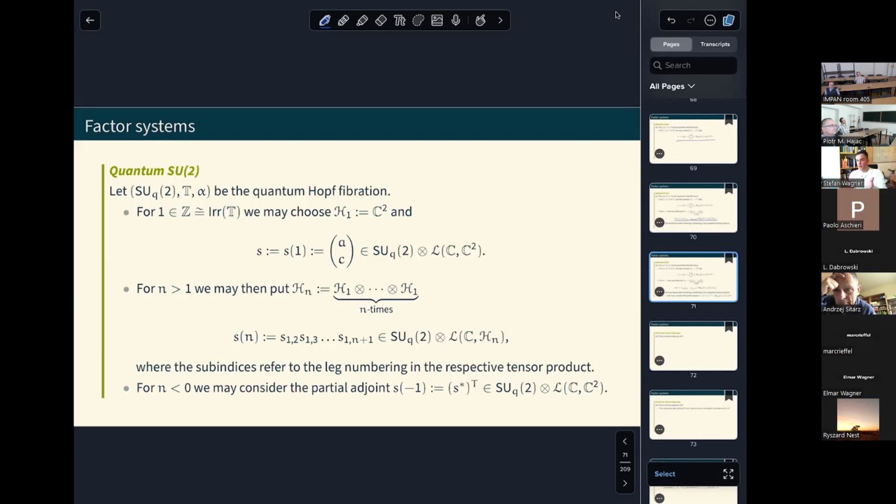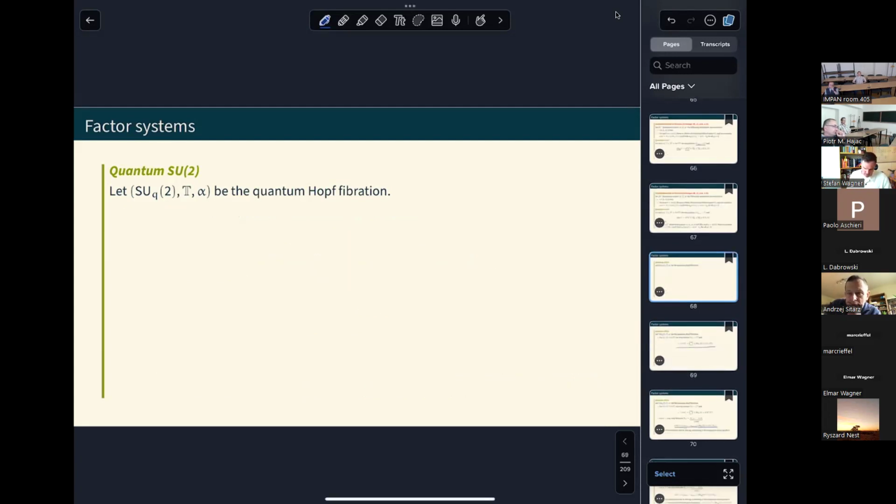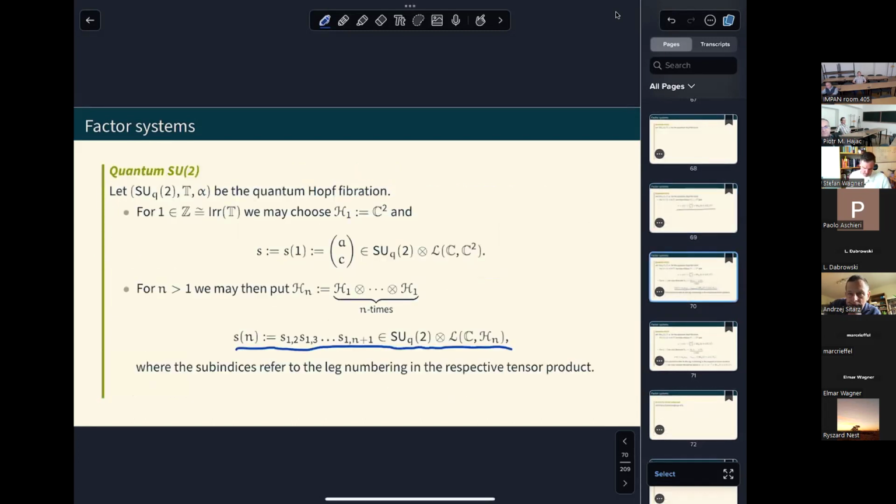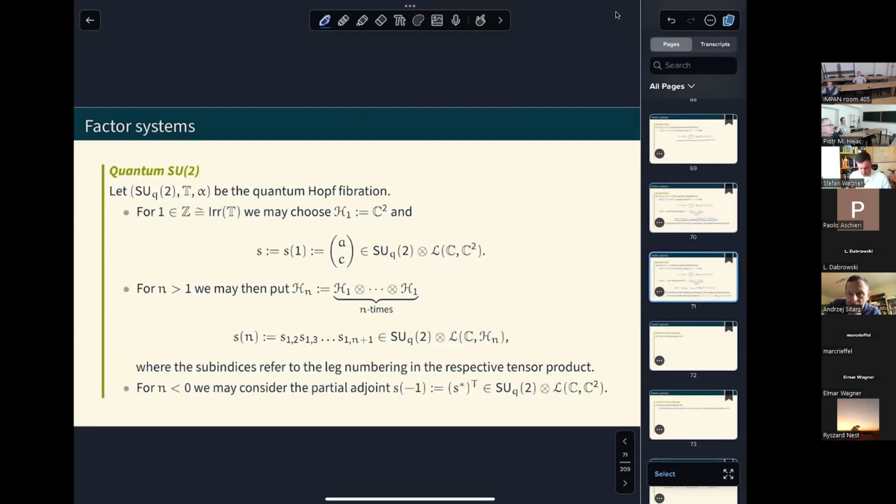This is just one element that satisfies this requirement. The characterization here is just that there is one. It doesn't need to be unique. And then for negative integers, you just look at the partial adjoint.